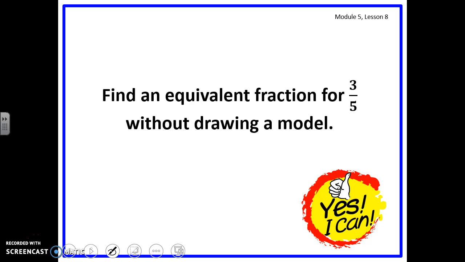Find an equivalent fraction for 3/5 without drawing a model. Well, this is easy. 3, 5, times what? When it says just to create any equivalent fraction, what number can I always multiply by? That's real simple. 2. Always multiply by 2.